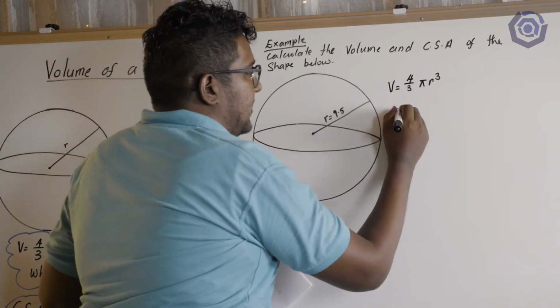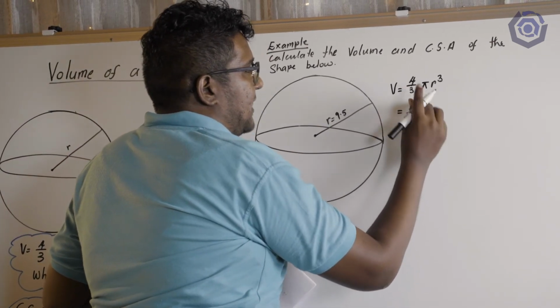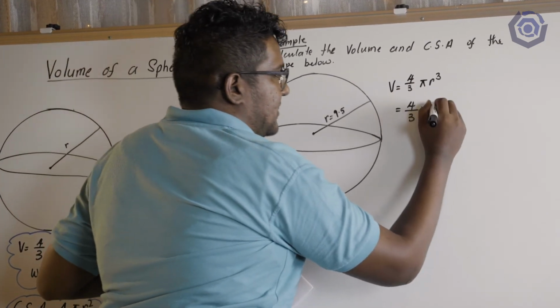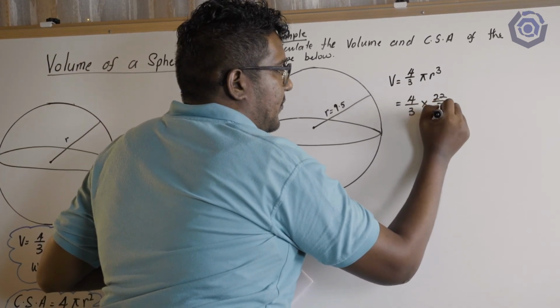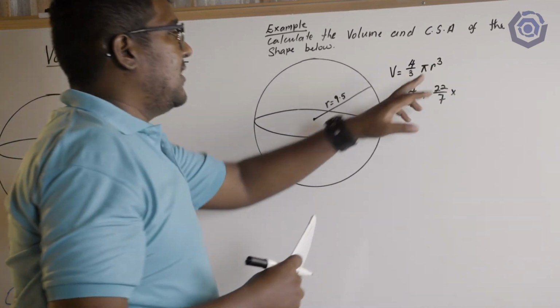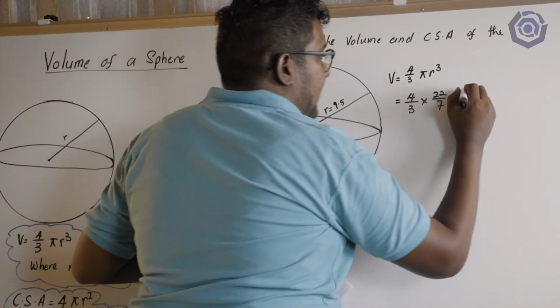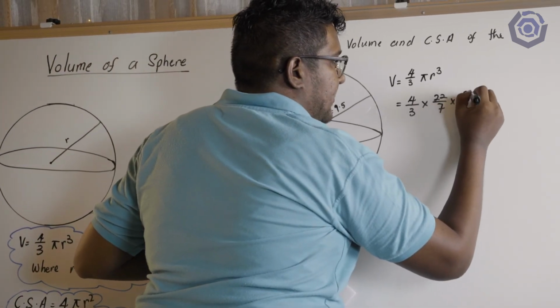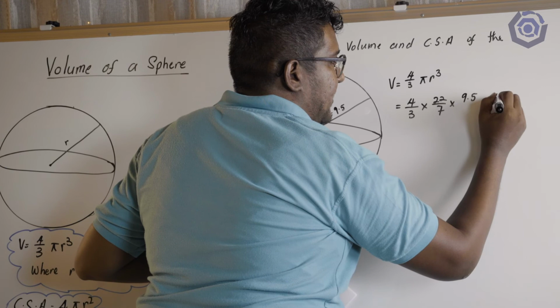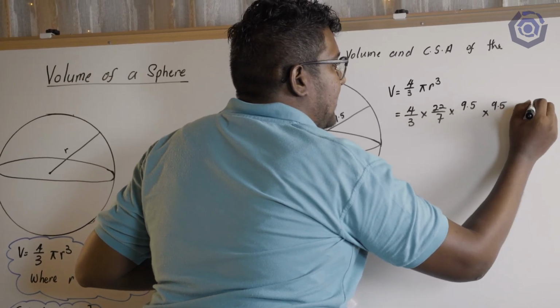Let's start substituting. 4/3 multiplied by pi, which is 22/7, times r cubed, which is the radius multiplied by itself 3 times, so 9.5 multiplied by 9.5 multiplied by 9.5.